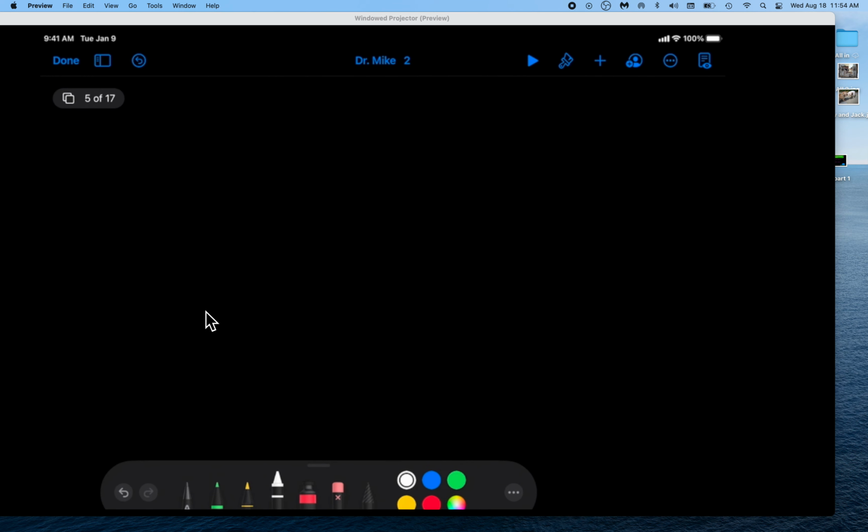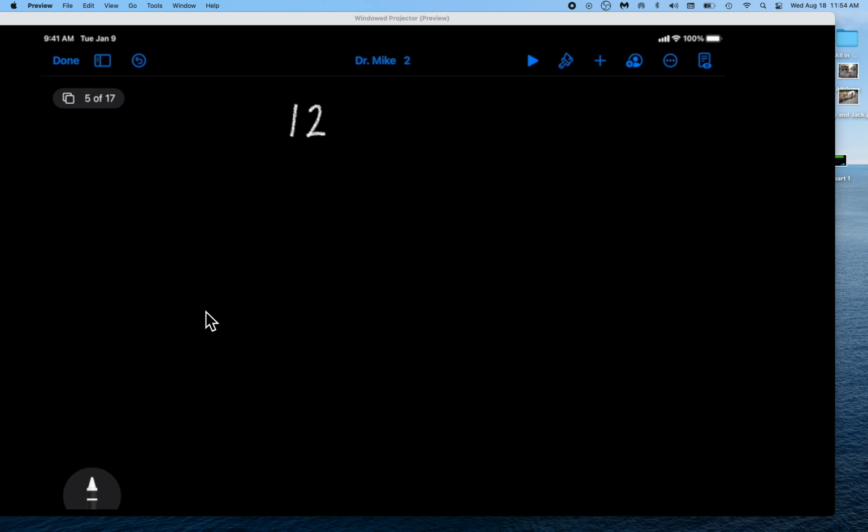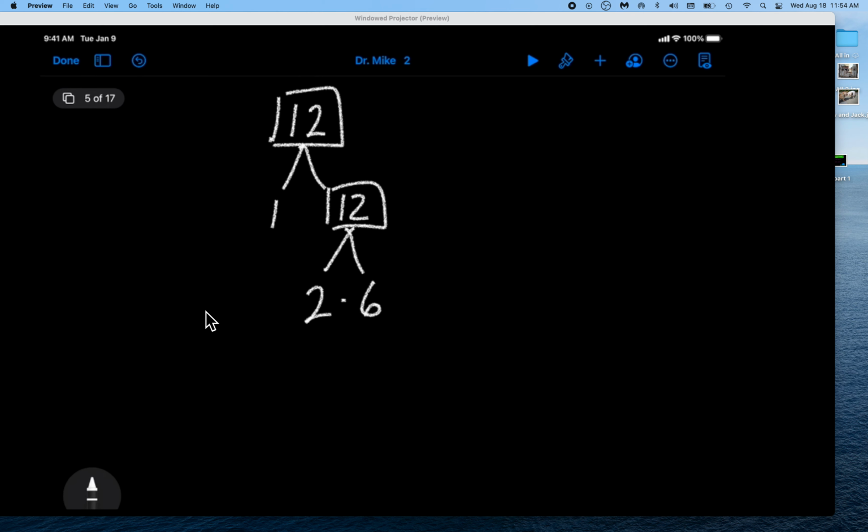Let's look at the prime factorization of 12. One times 12. 2 times 6. Are we done? Answer is no, because 6 is not a prime number. So we got to put 6 in the box and break that down.